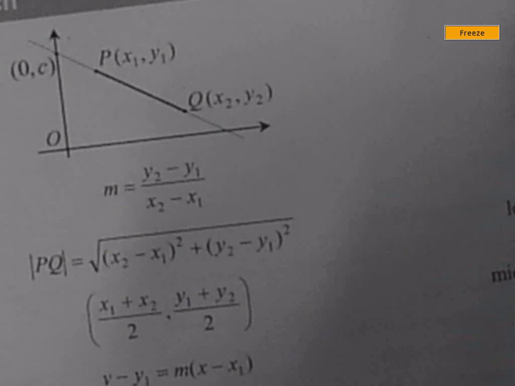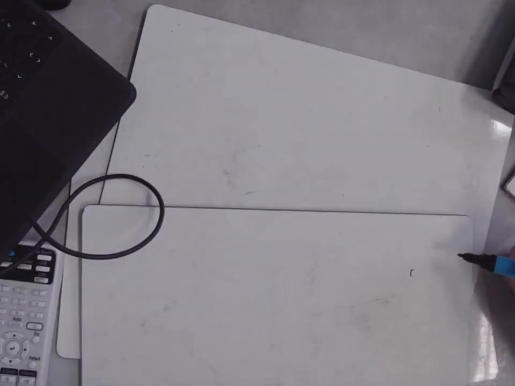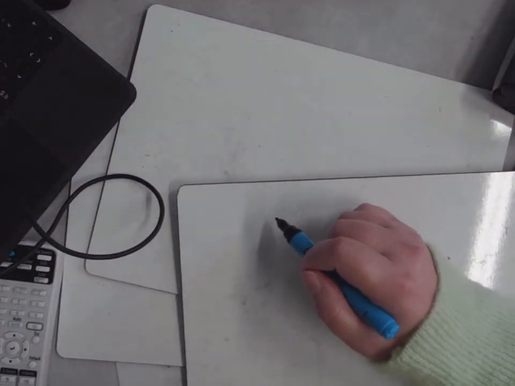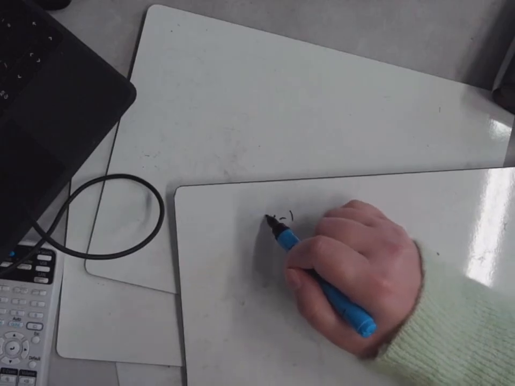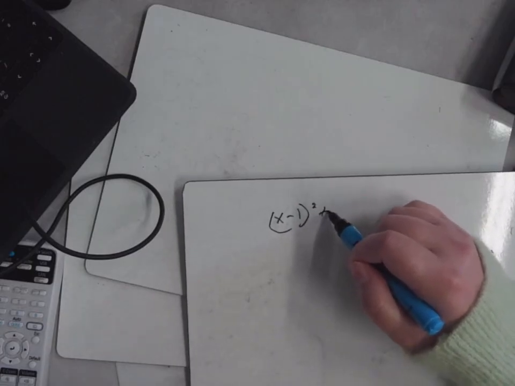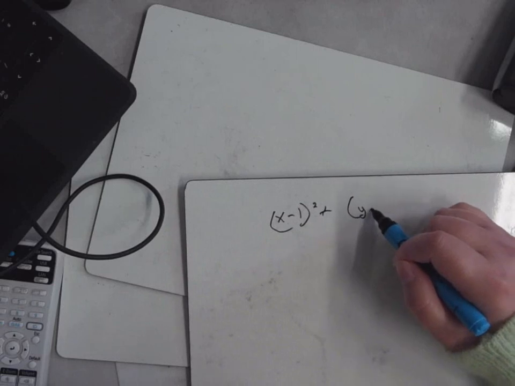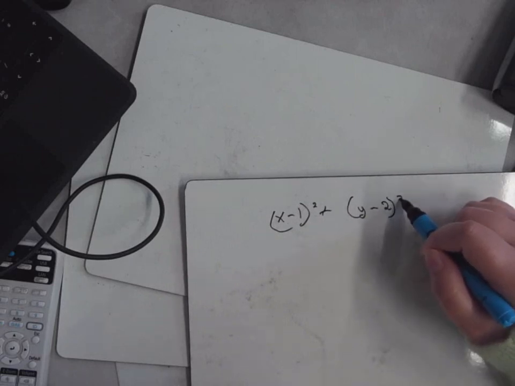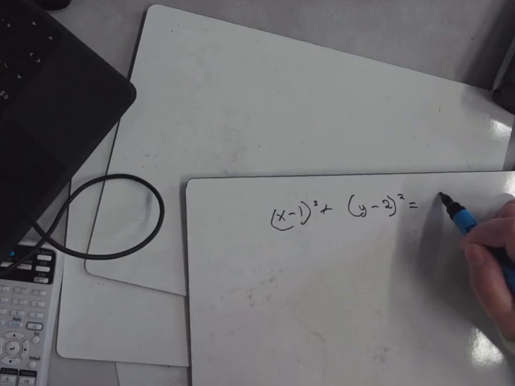Right. Okay. So you needn't write down the next bit now for a minute. If I take that equation we just got there, it was (x minus 1) squared plus (y minus 2) squared equals 8.